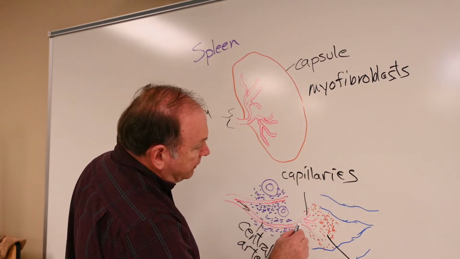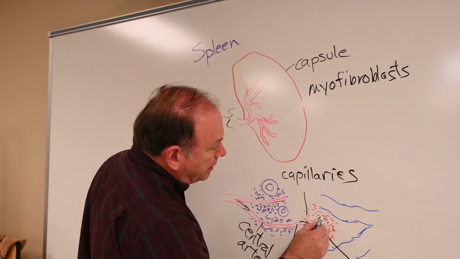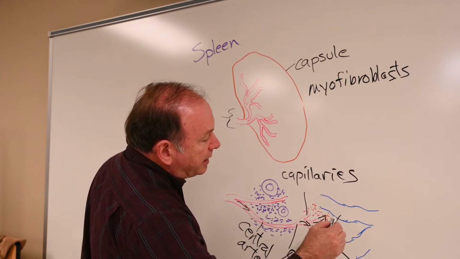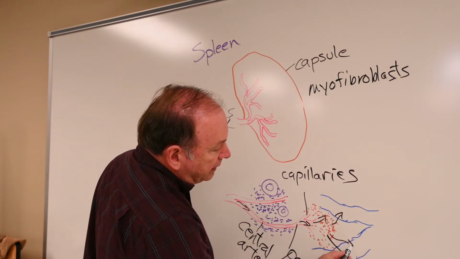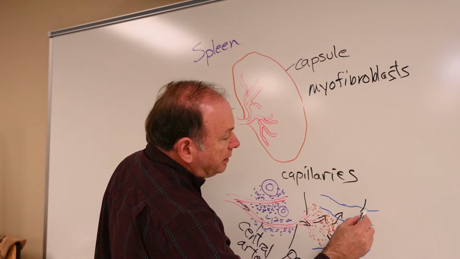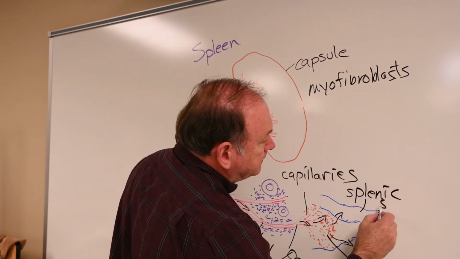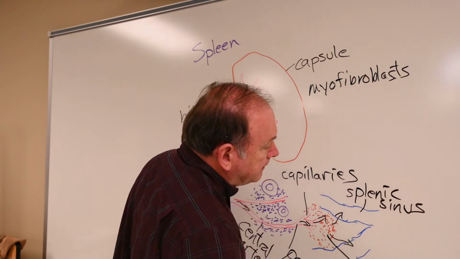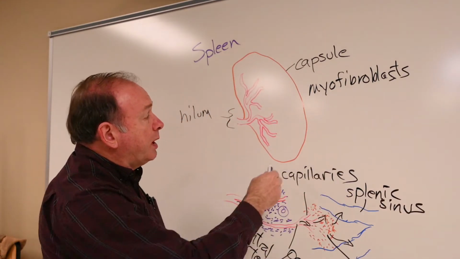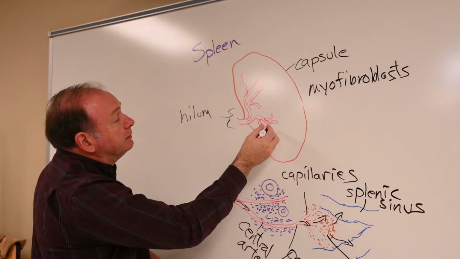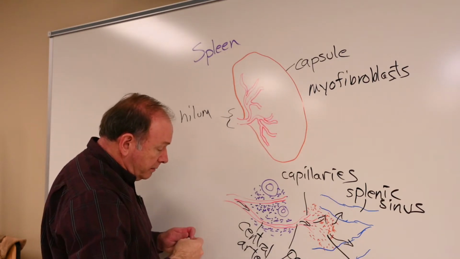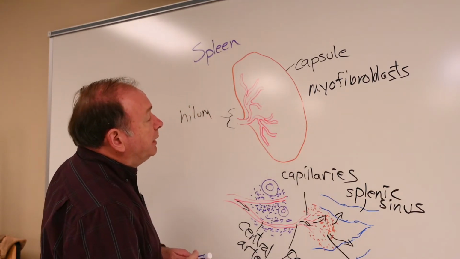The blood then traveling through the splenic cord is going to be able to enter very freely into these spaces we call splenic sinuses. And that blood eventually makes its way back out of the spleen along splenic veins.